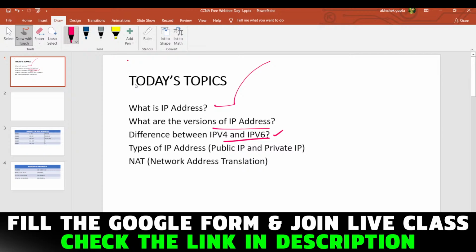Just only one difference. IP version 4 is a 32-bit address, while IP version 6 is a 128-bit address. Very good. Now let's move on to Arti Rawat. Tell me one difference between public IP and private IP.